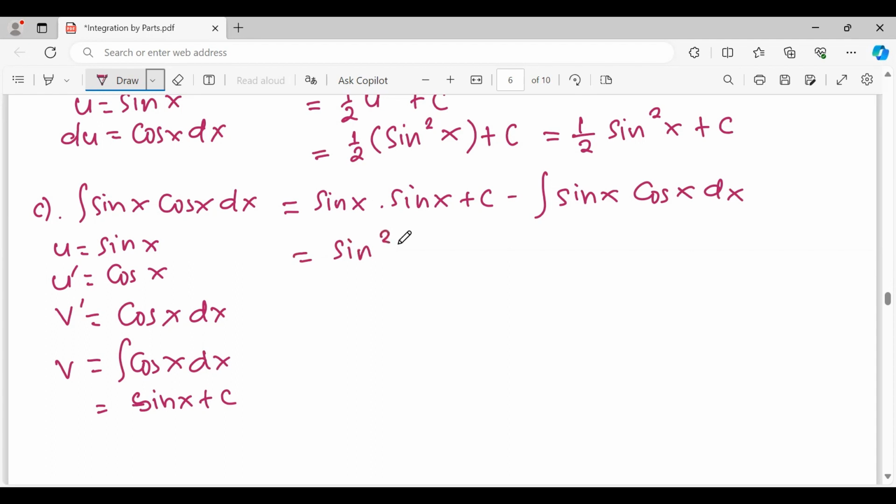So it becomes sine squared x plus c minus integral sine x cosine x dx.